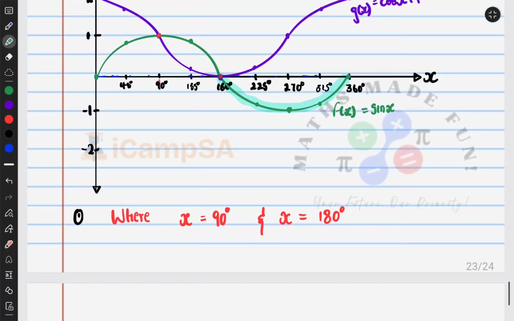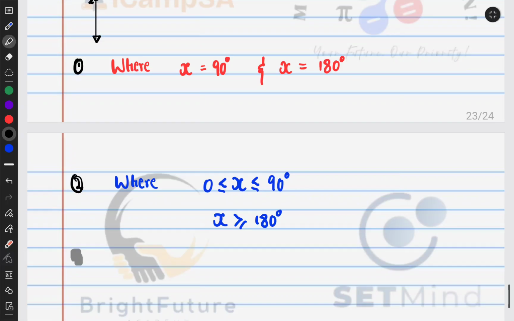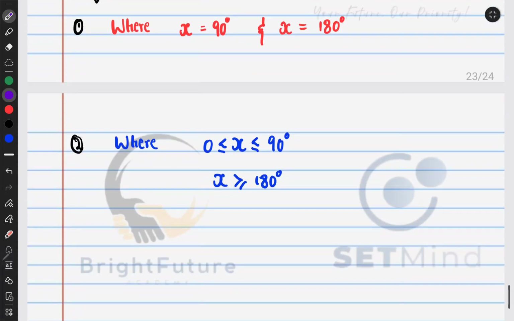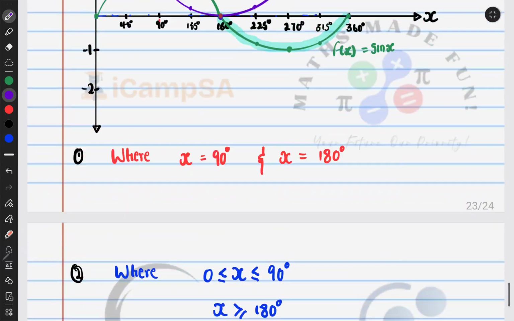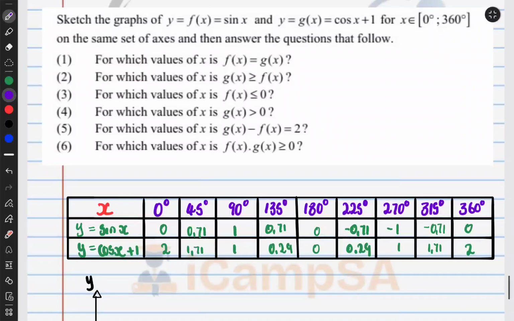So between 180 degrees and 360 degrees, that is our number 3, where x is greater or equal to 180 degrees but less or equal to 360 degrees. That interval there is where f at x is less or equal to 0.